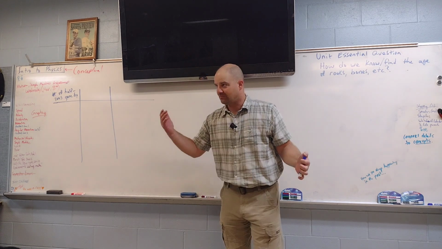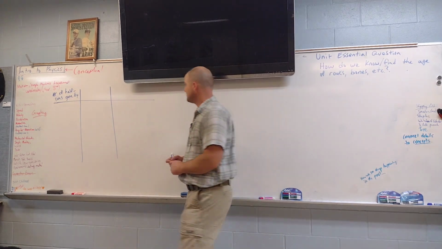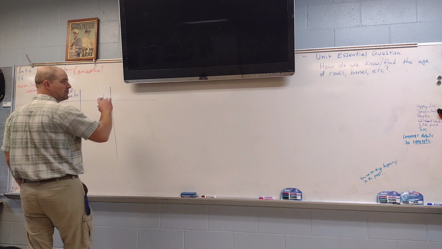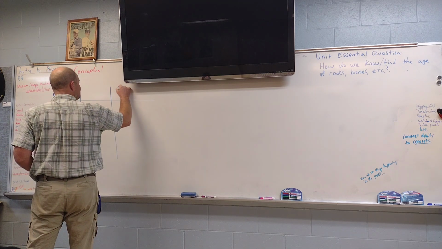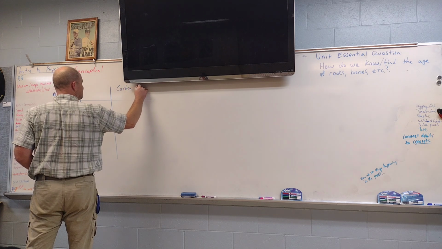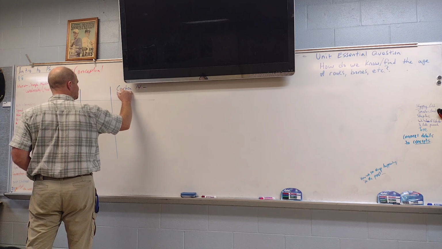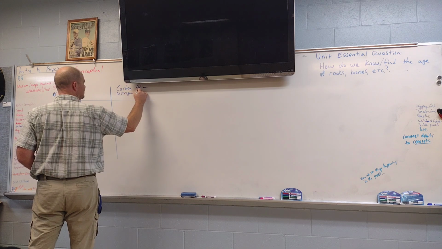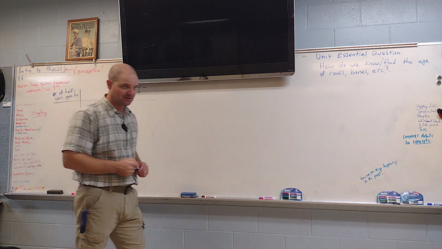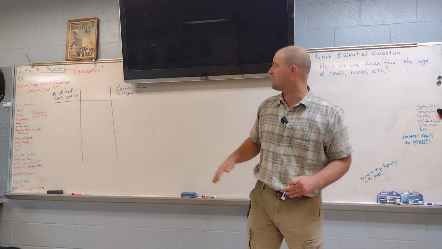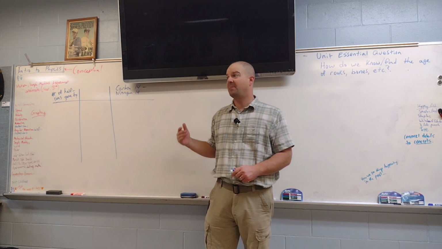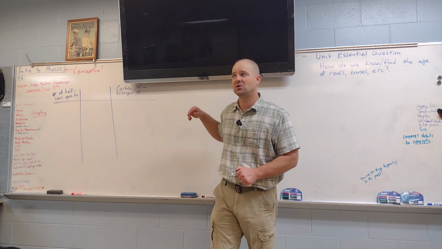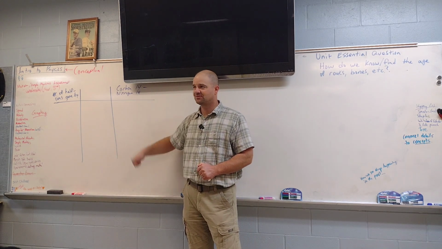So we've got multiple decay series, all right? The decay series we're going to use for today, we're just easing into this, is the carbon-14 to nitrogen-14 decay series. So the parent isotope is carbon-14, and the daughter isotope of beta decay would be nitrogen-14.